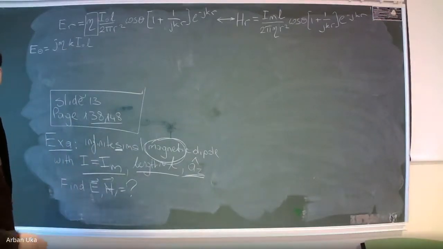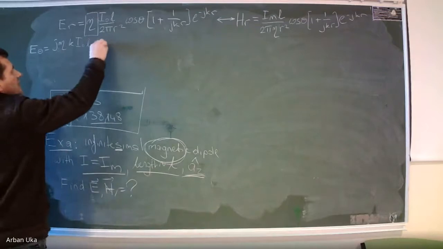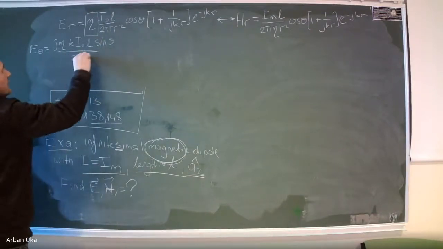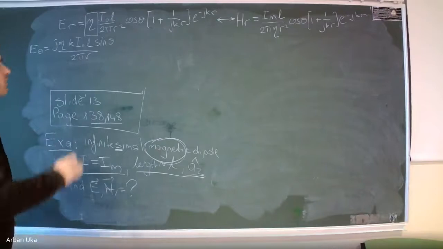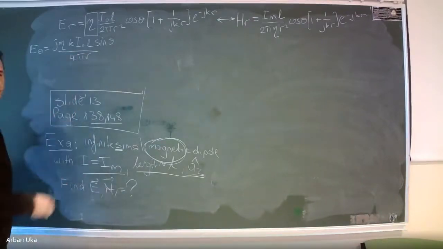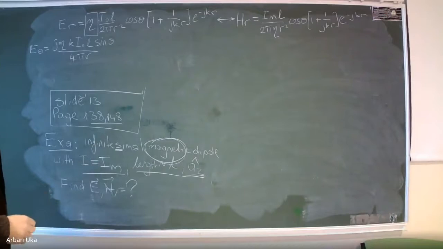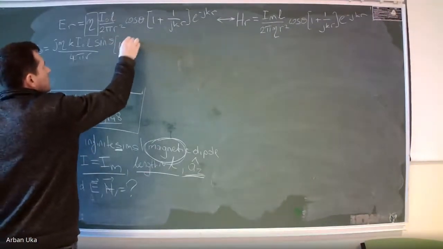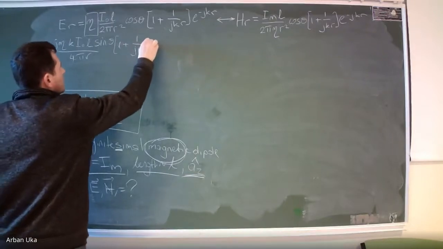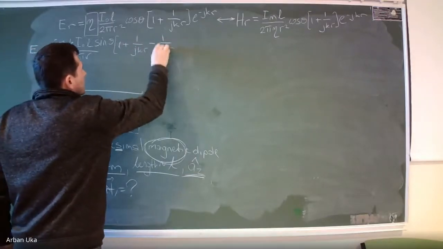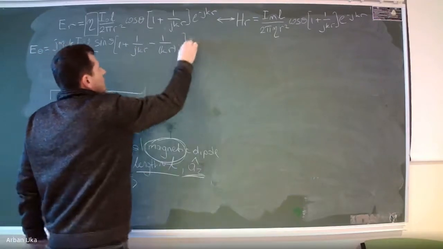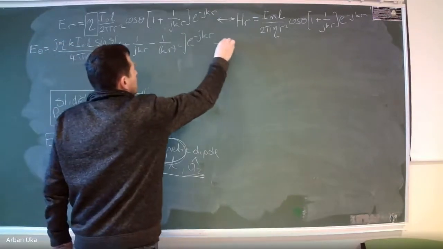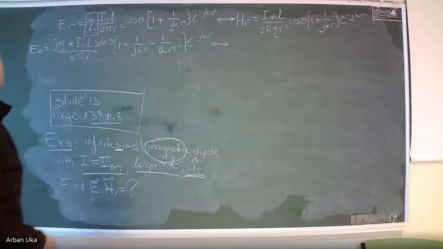That's what the k stands for. Divided by 4 pi r, sine theta, and then we have 3 terms where 2 are real values and 1 is a complex value with a minus: 1 plus 1 over jkr minus 1 over kr squared, e to the power minus jkr. So this is the E theta.